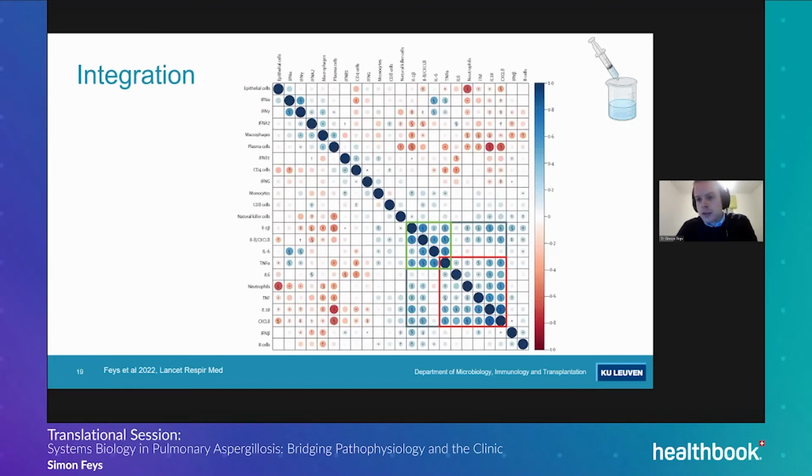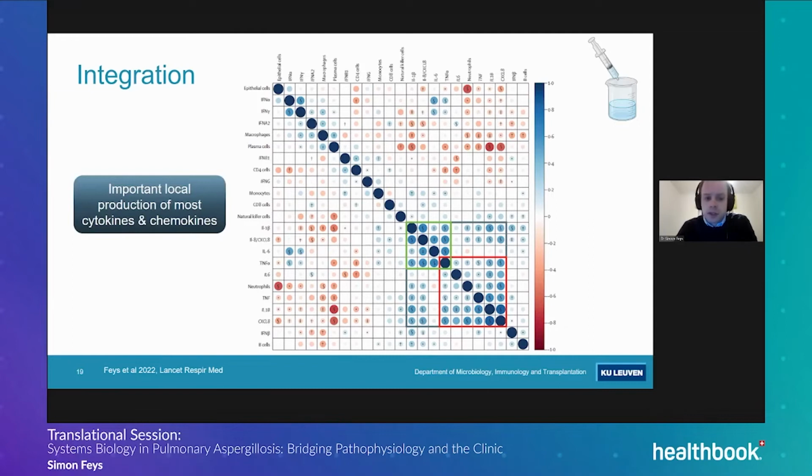We, of course, integrated this data, since we had the gene expression and the protein levels. What we found was that there was an important local production of most of the cytokines and chemokines in the BAL fluid.